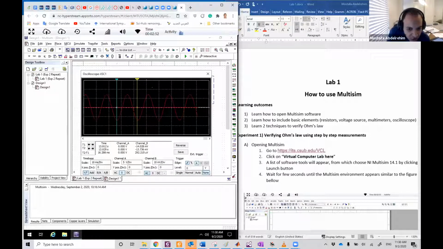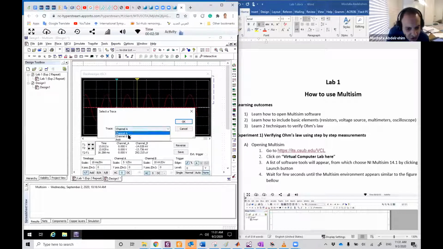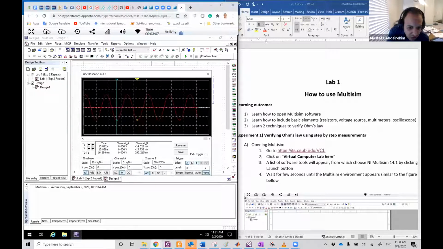So what you're going to do is click here, select a trace, then choose channel B, on AC mode right now. So look, now this is following channel B. Whenever I move, it will move with me.